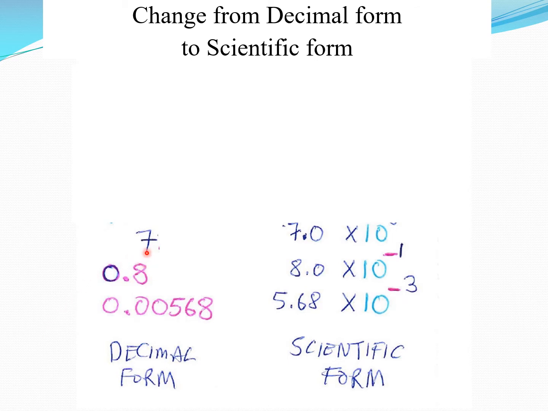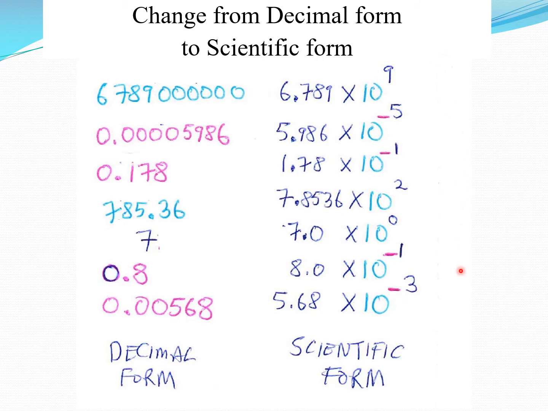So 7 is 7.0 by 10 to the power of 0. 10 to the power of 0 is 1. 0.8 is the same as 8.0 by 10 to the minus 1. And 5.68 by 10 to the minus 3.